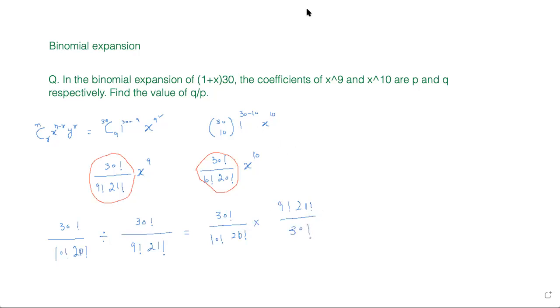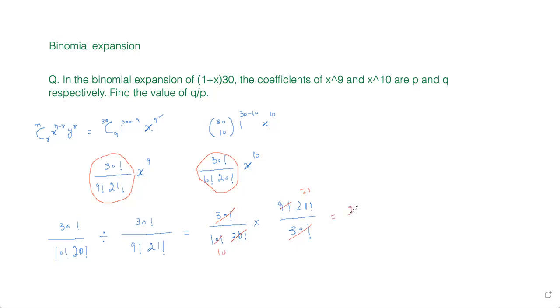Now you can very easily solve it even without the calculator. This 30 goes with the 30, this 20 cancels, and we are left only with 21, isn't it? And this is the 10, and this 9 will cancel out, and we are left only with the 10.